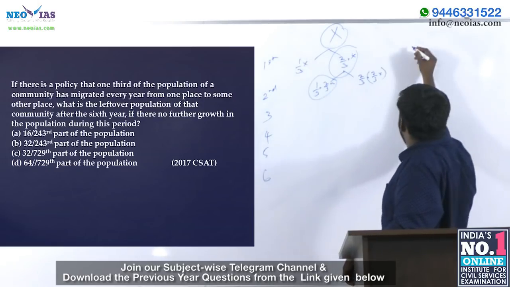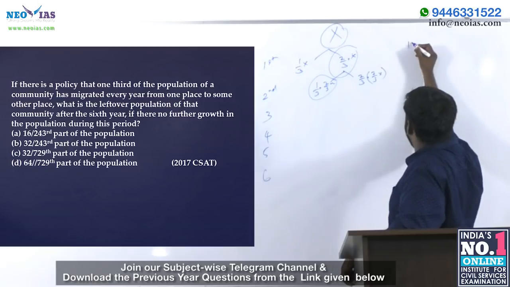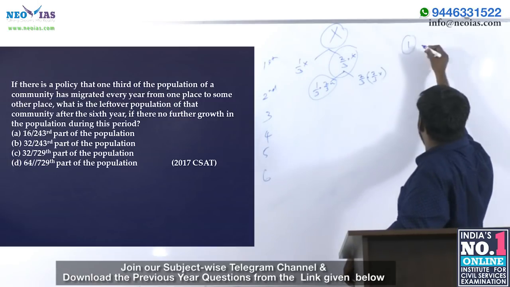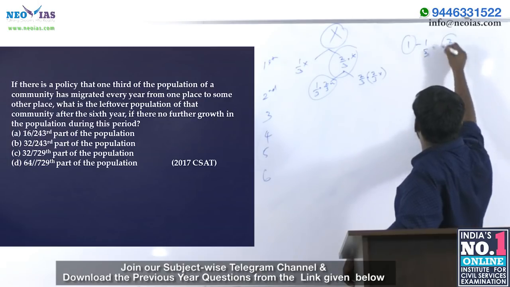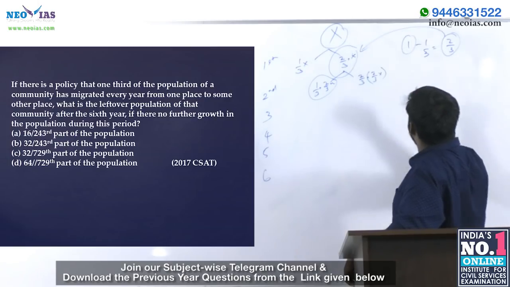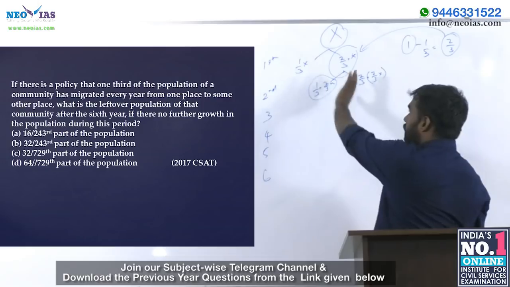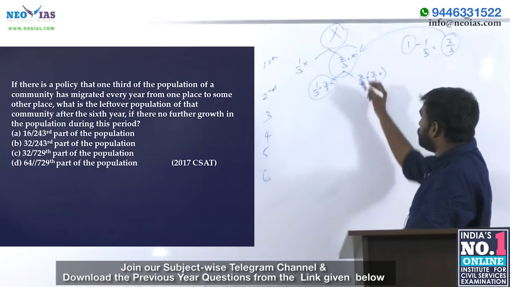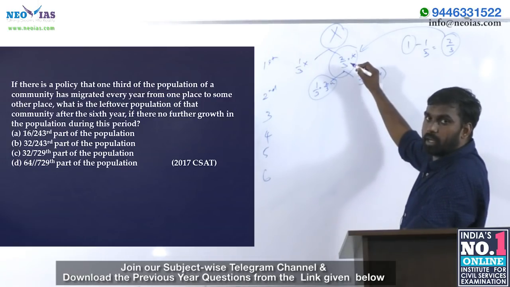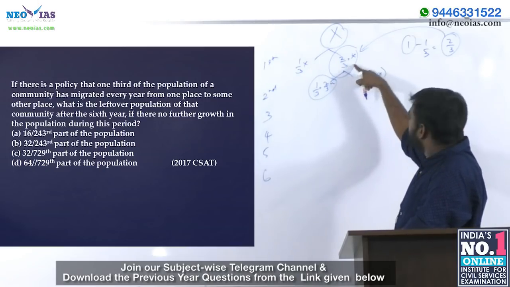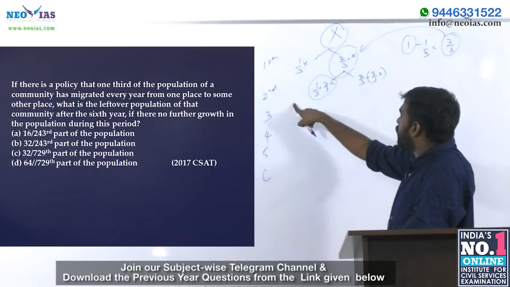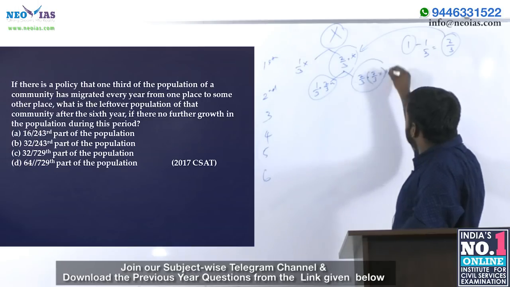If 1/3 is there, I am assuming 1 is the total number, initial number, and 1/3 is gone, you will get 2/3, isn't it? So this will be the remaining ones after removing the 1/3. That is how we got the value, the fraction 2/3. So 1/3 is going out, 2/3 will be remaining. Out of the 2/3, again 1/3 is going out, so 2/3 will be remaining, isn't it?